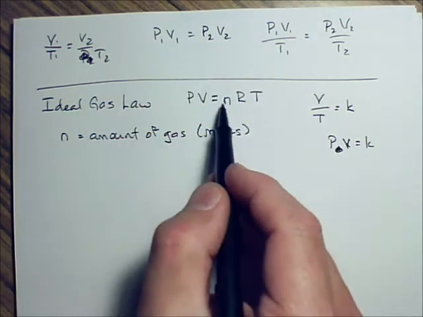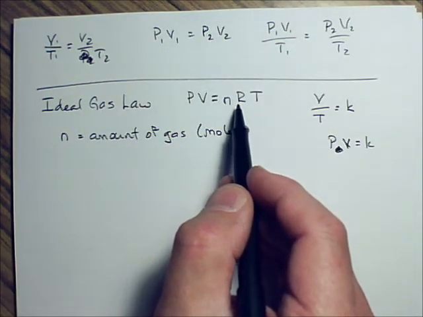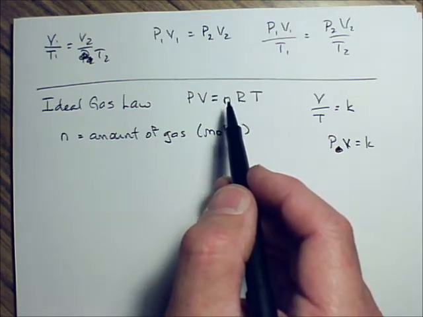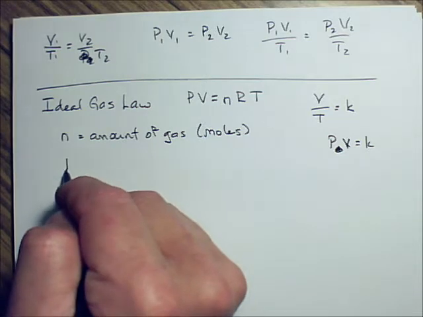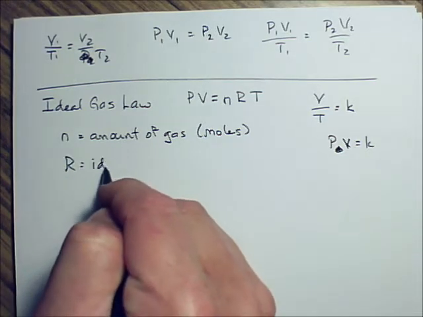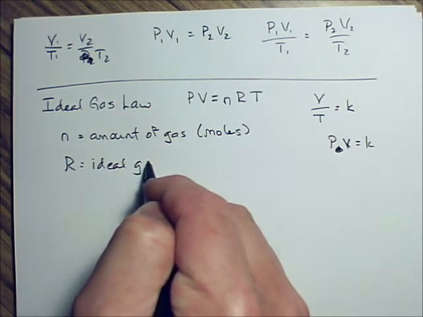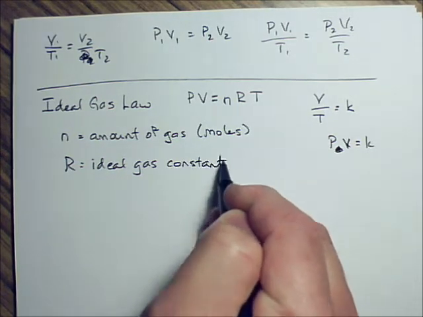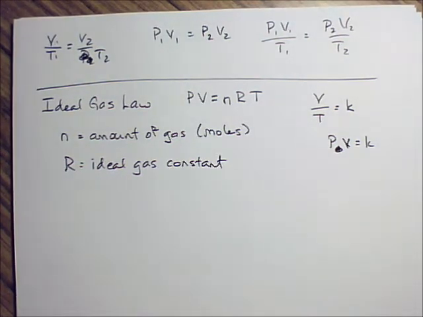Well, this R is a special constant. It's so special we give it its own letter. Okay, so R is the ideal gas constant, or simply the gas constant. Okay? So if you hear me say the gas constant, that's what we're talking about.